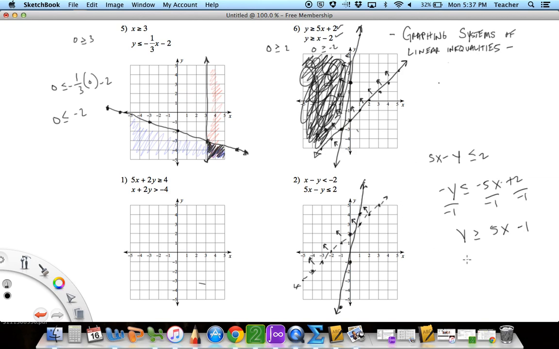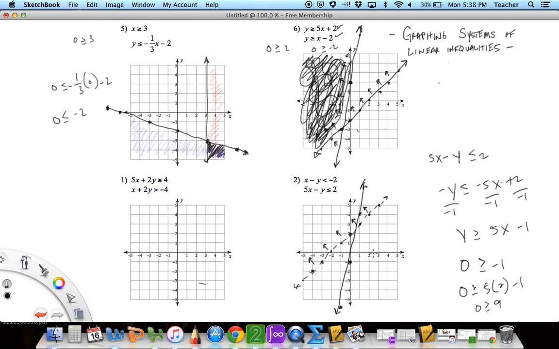Now we're going to figure out, if I plug in 0, 0, is 0 greater than negative 2? Now I look at this and I can't really tell if that is on the line. I'm kind of confused. So let me pick out a different point. Let me pick out 2, 0. So let's plug in 2 for x, and we get 0 for y. Again, I'm just picking another random point to make it easier to identify.